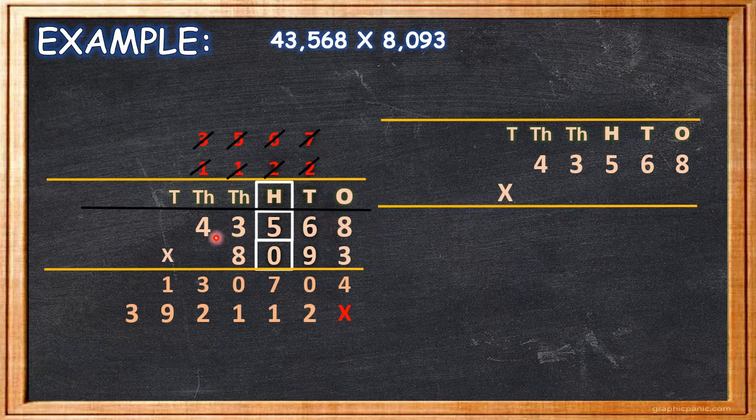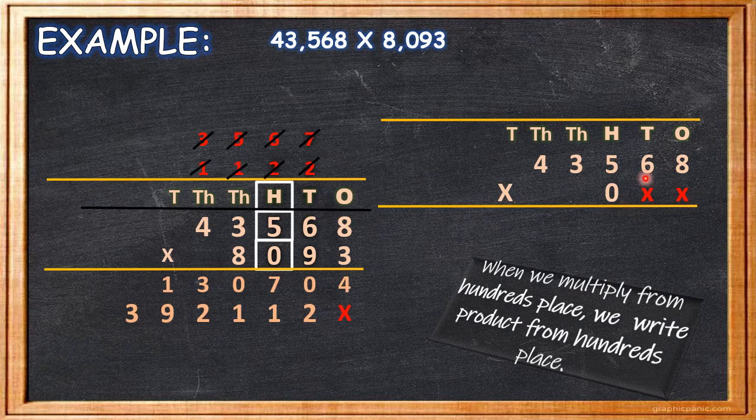Now I'll copy all the digits of the multiplier here separately just to make you understand children. Yes, and then I'll put cross at ones column, then tens column, and 0 I'll be writing here at hundreds column. Yes children, I am going to start multiplication from hundreds column, so I'll start writing the product from hundreds column only. When we multiply from hundreds place, we write the product from hundreds place.